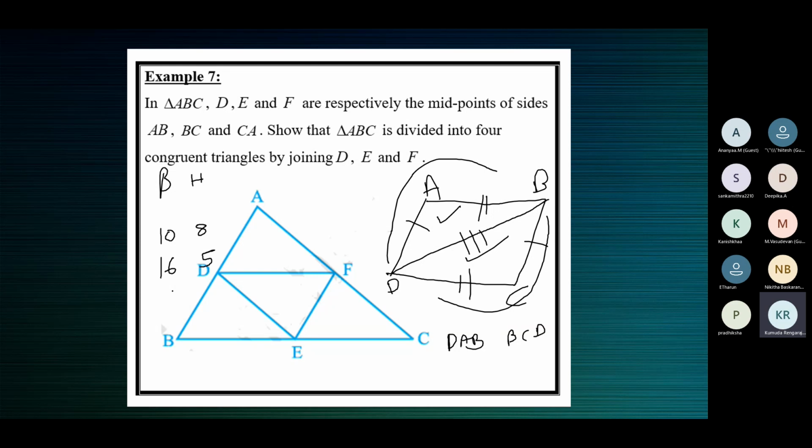When you do half base into height, they'll have the same area, 40 square units. But look at the sides. Here you can see only one side. But even if you have full information and construct the triangles, they'll look different.